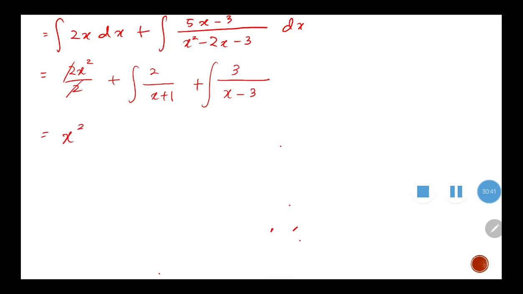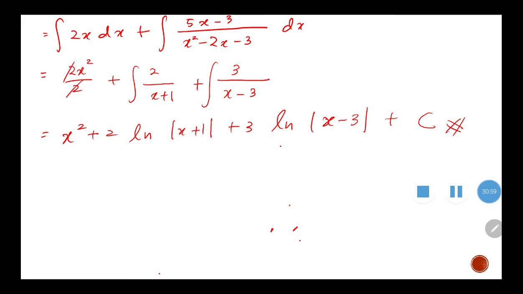So now you have x squared plus 2 ln x plus 1 plus 3 ln x minus 3 plus c. So that is how you do example B.